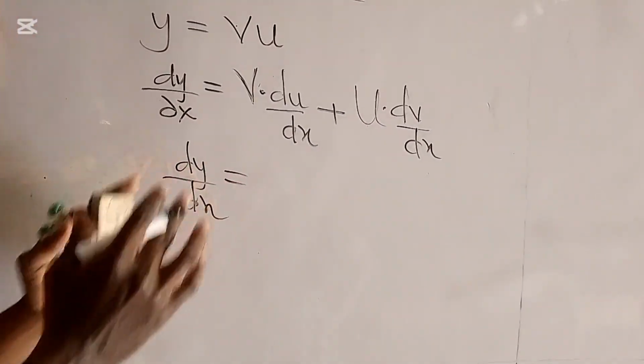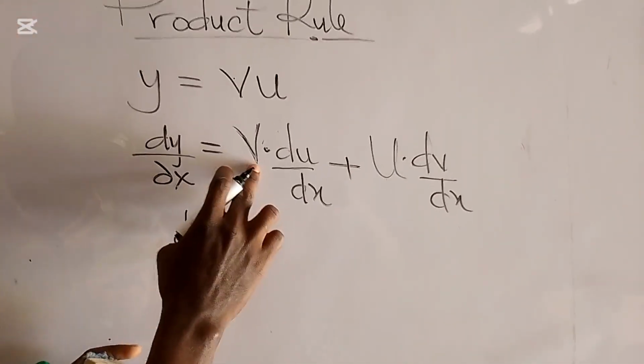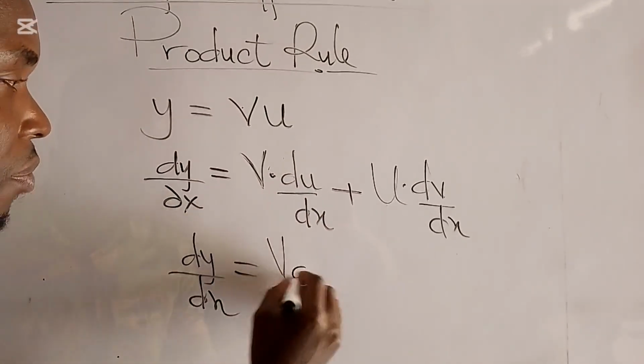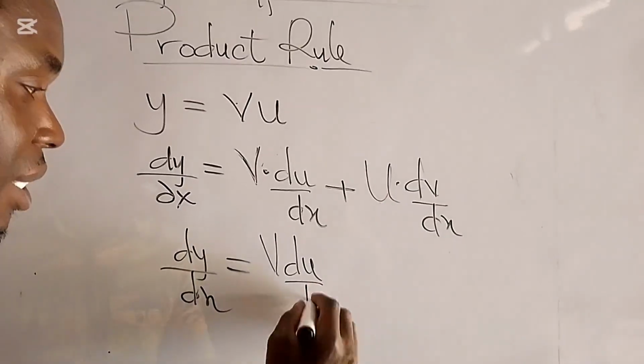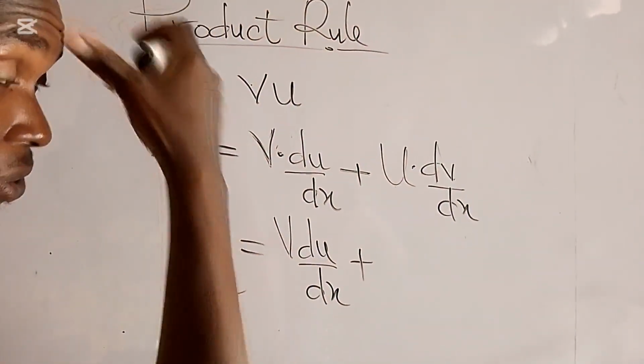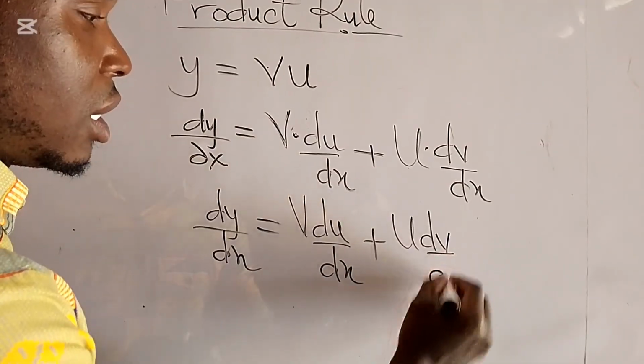Good. Now let's polish it so that it will look nice. So v multiplied by du over dx gives us v du over dx, plus u multiplying dv over dx gives us u dv over dx.